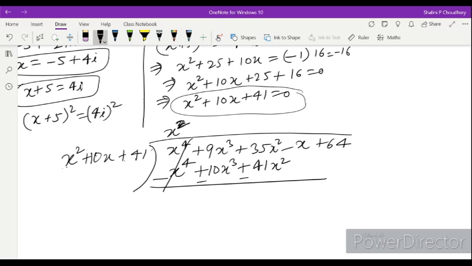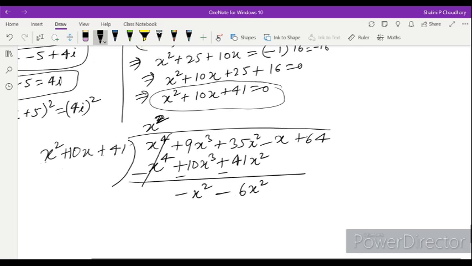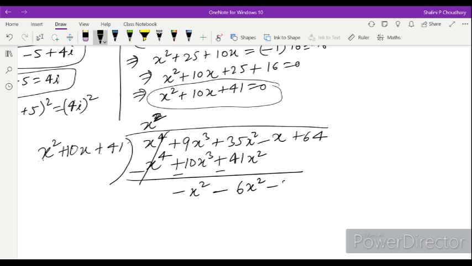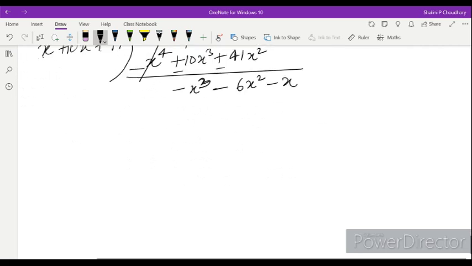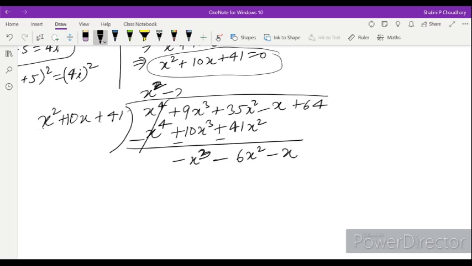This is minus, so we'll get minus x square and here we'll get minus 6x square. And minus x we write here. Then, sorry, this will be cube. Okay, so now what we have to do, we multiply by minus x and divide it by minus x.